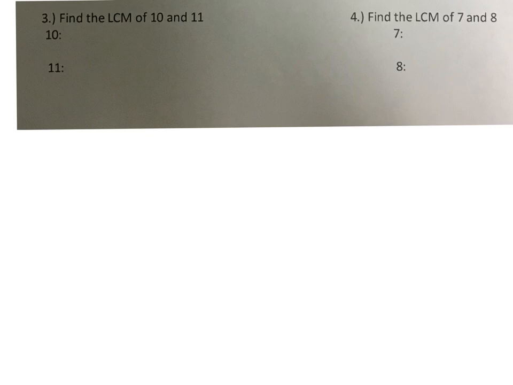So number 3 asks to find the LCM of 10 and 11. So when you write out your multiples, for 10, it would be 10, 20, 30, 40, 50, 60, 70, 80, 90, 100, 110.